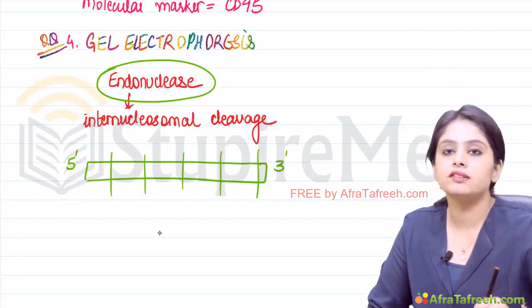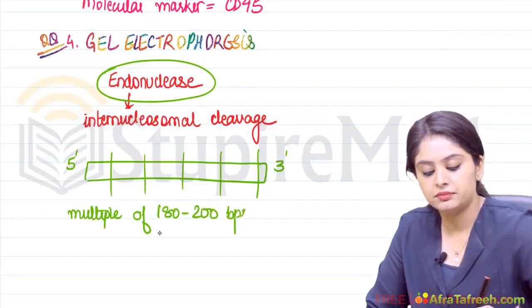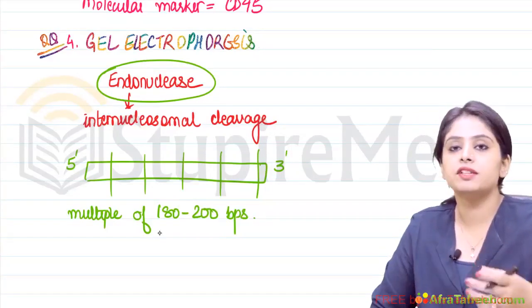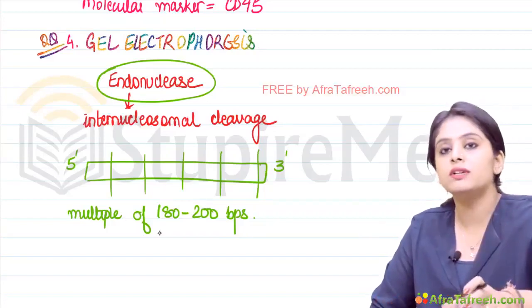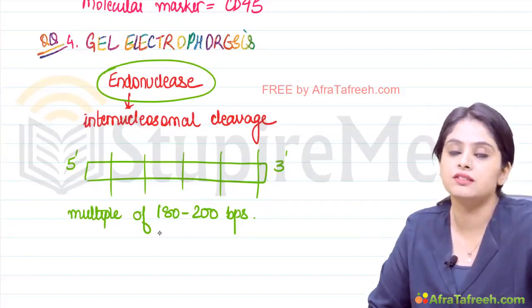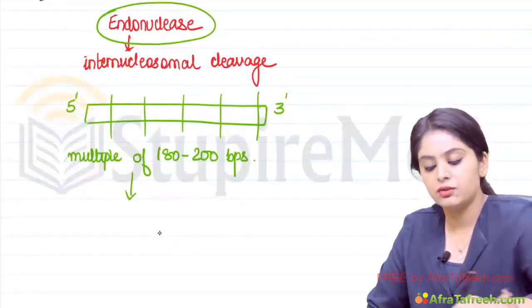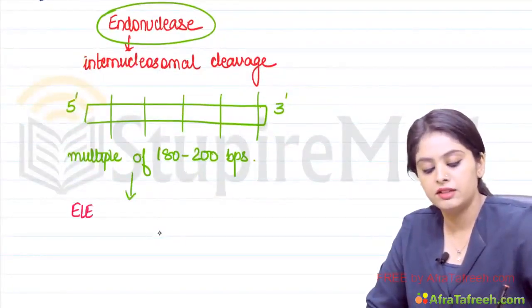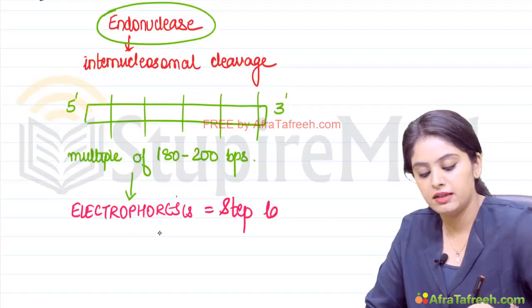But what is important is that it follows a pattern. It will break the DNA in multiples of 180 to 200 base pairs. So at every multiple of say 200 base pairs, it is going to break the DNA. That is how an endonuclease is different from the rest of the nucleases. Now when it does this, on electrophoresis it gives a very characteristic pattern that all of us have read, known as the step ladder pattern.